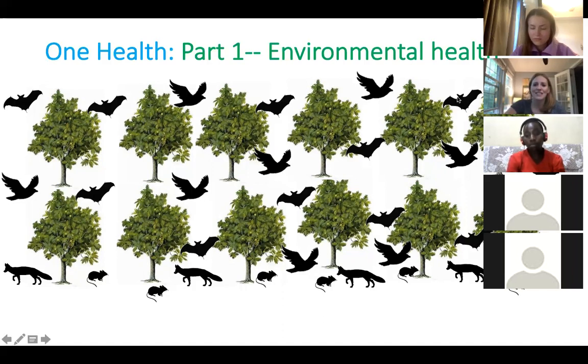In this example on the screen, it's just a beautiful forest. You know, everything's spread out so nicely. There's clean water, there's clean air. All the birds and the bats are happy and they're not competing for anything. The foxes and the mice are in a good population distribution.